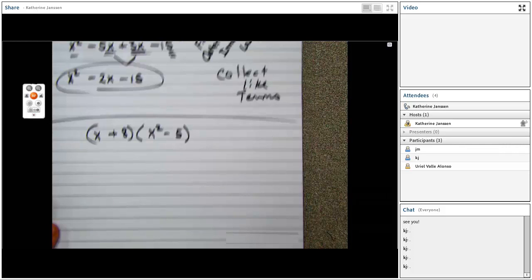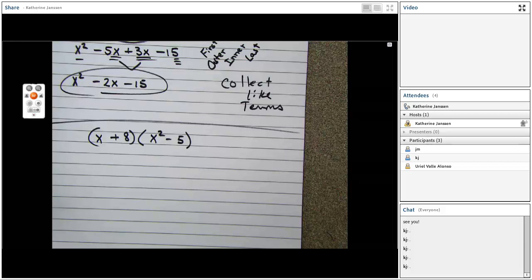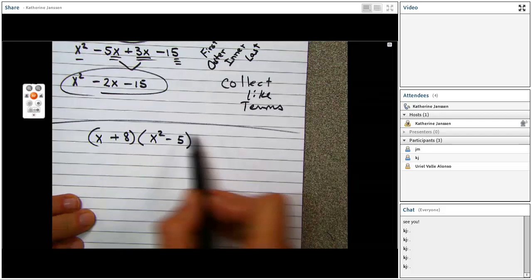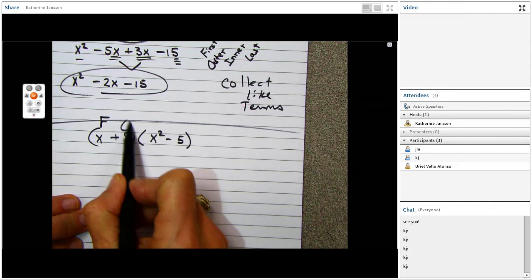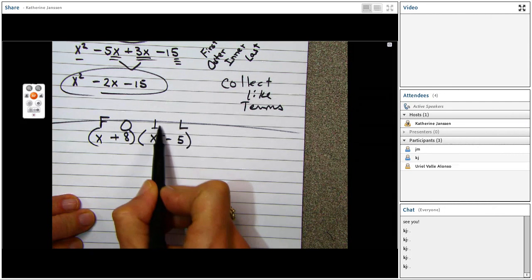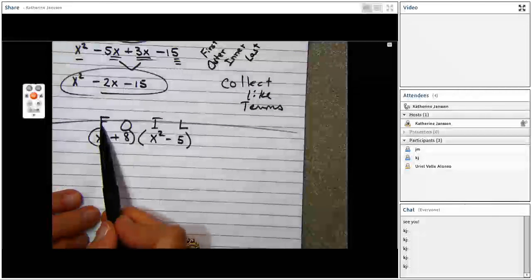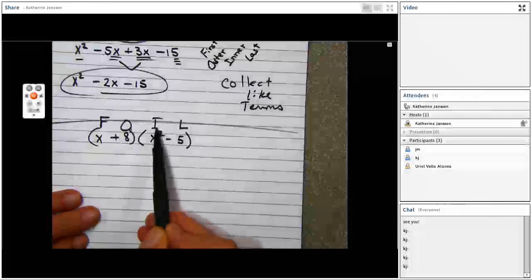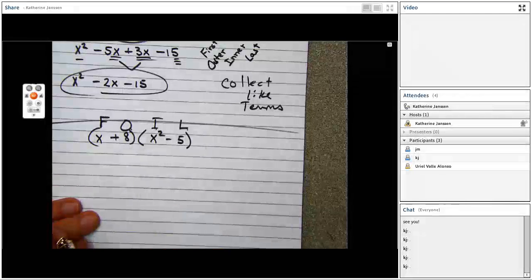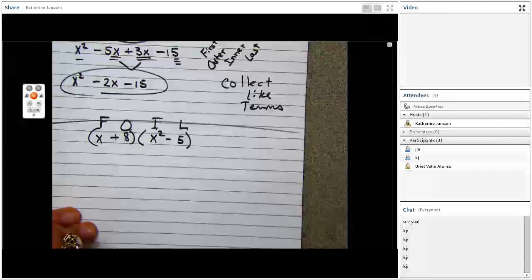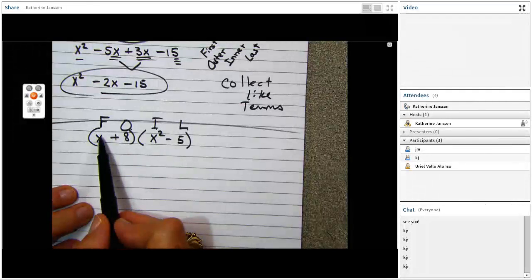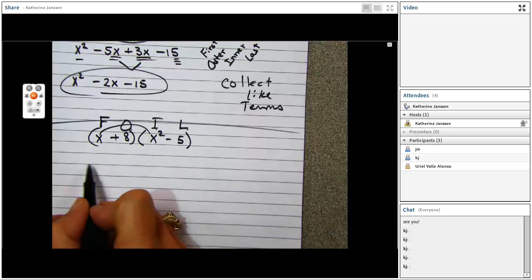Okay, I want to recognize that I have a binomial times a binomial. So I'm going to use FOIL. Multiply the first terms, multiply the outer terms, multiply the inner terms, multiply the last terms, and then collect like terms. So multiplying the first terms, I have x times x squared would be x cubed.